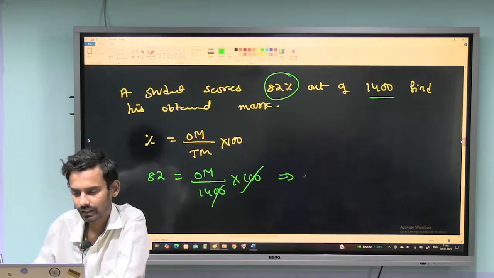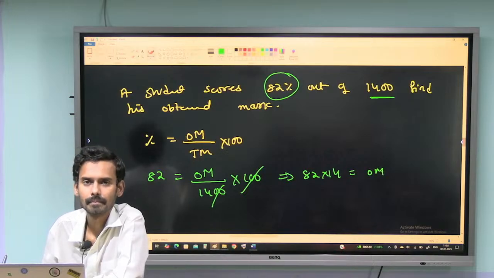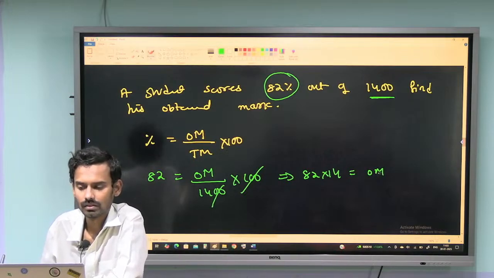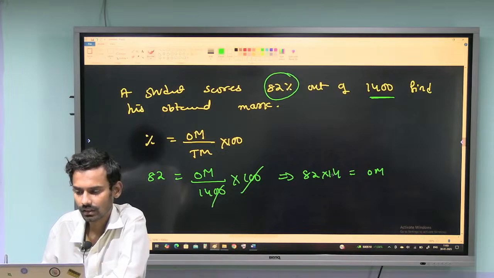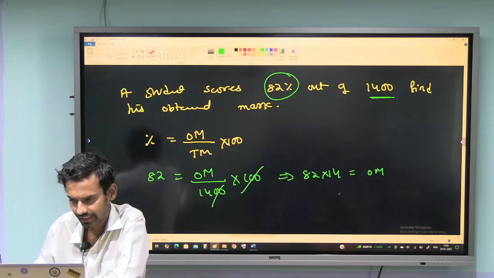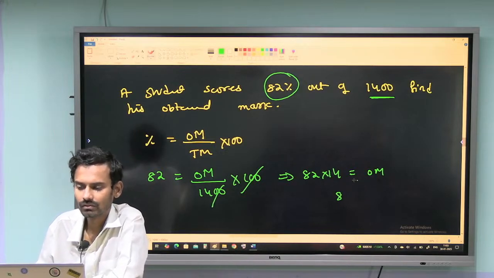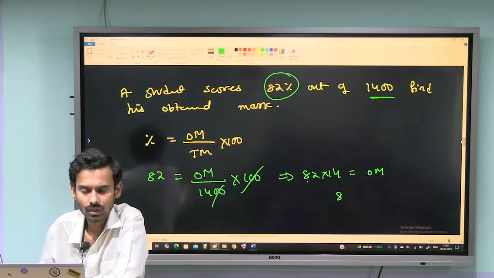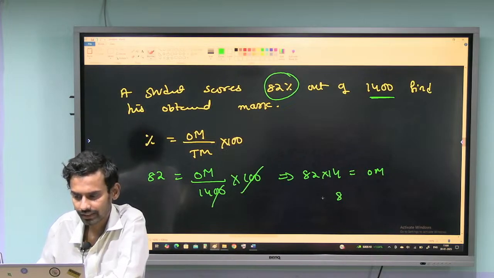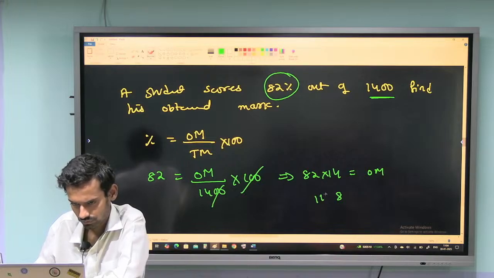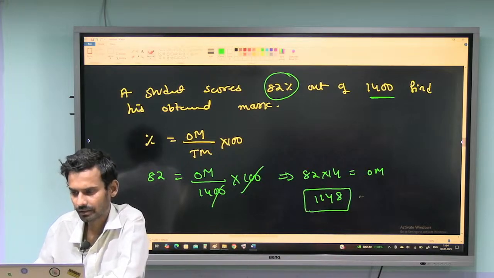So can I say 82 into 14 will be the obtained marks? So multiply, you will get the answer. 14 twos are 28, so 2 carry, then 14 eights are 112, 112 plus 2 carry, that is 114. So this will be his obtained marks.